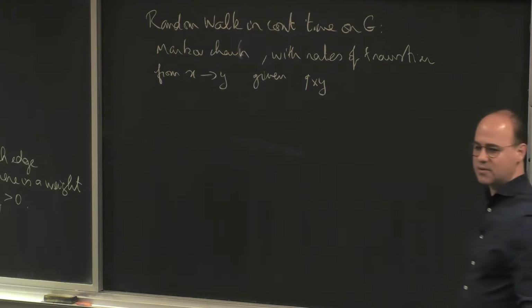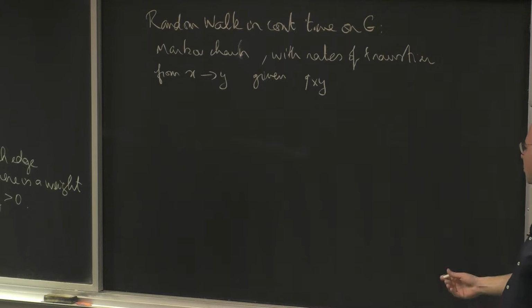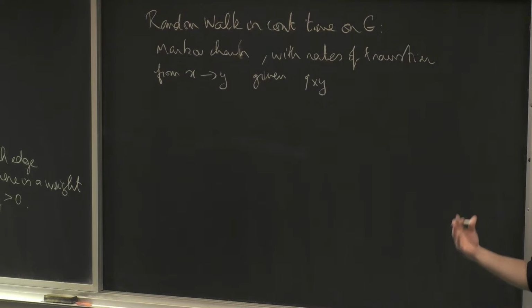In every dt unit of time, there is a chance of approximately q_xy times dt that the random walk will make a jump from x to y, and this is Markovian.